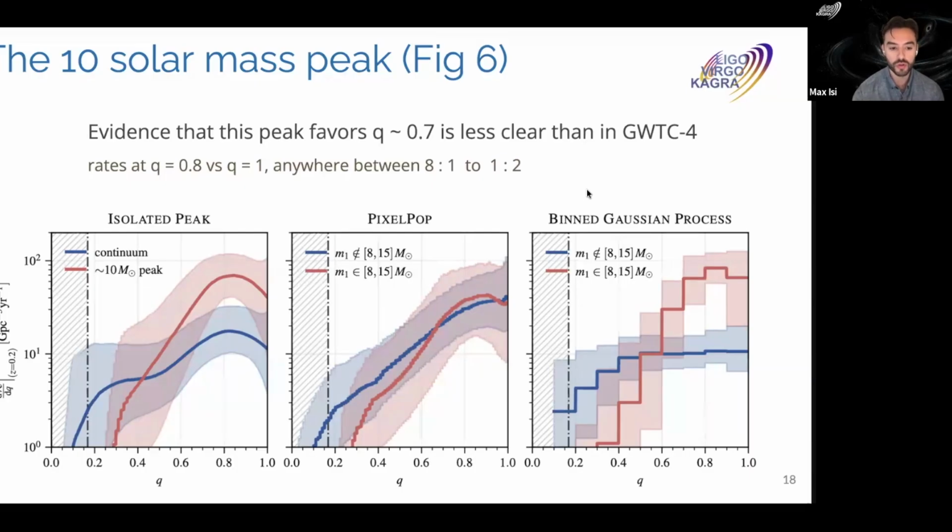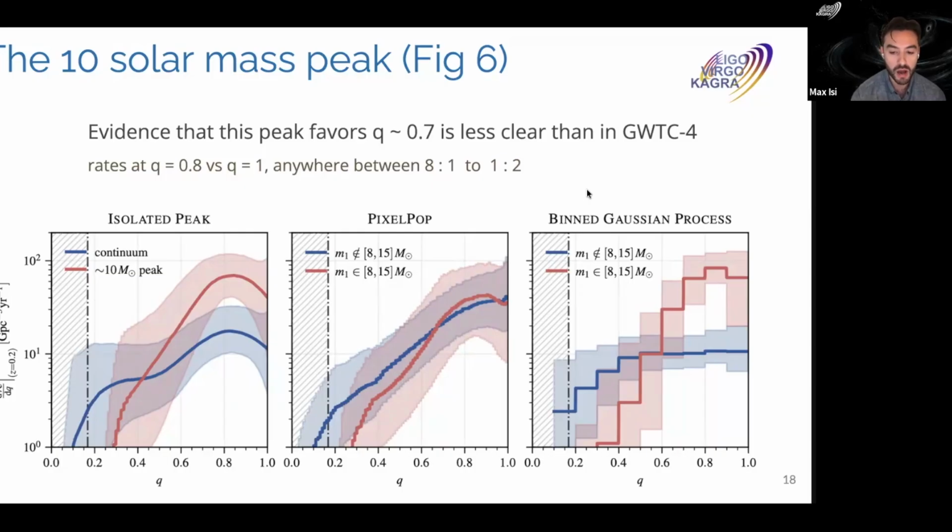And so you see that the Bin Gaussian process result on the right-hand side is highly consistent visually with the isolated peak distributions that I discussed first, and similar conclusions apply. There could be some preference for mass ratio 0.7, 0.8, but it's not required.